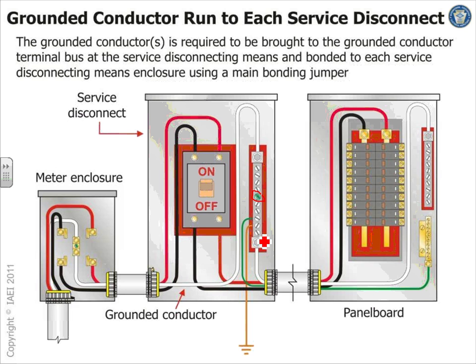That bar here is bonding the enclosure of the disconnect to the neutral, to the grounding electrode system, and to the equipment grounding system too. Can you guys see the green is equipment grounding system? That guy is a grounding electrode system. The white is the neutral system, and the enclosure. All of them are bonded right where the disconnect resides. You're supposed to bond them right at the location of the disconnect, service disconnect.